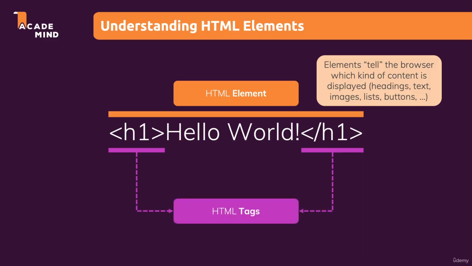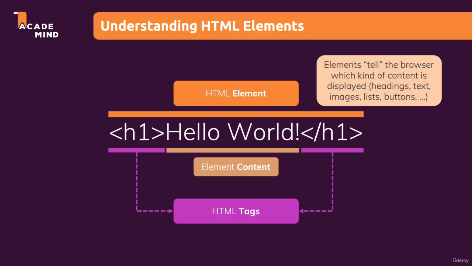So every HTML element, which is the entire thing, has such HTML tags which describe which kind of content is stored inside of that element. And that's therefore the part between the tags, the element content. So an HTML element is made up of HTML tags and the element content.